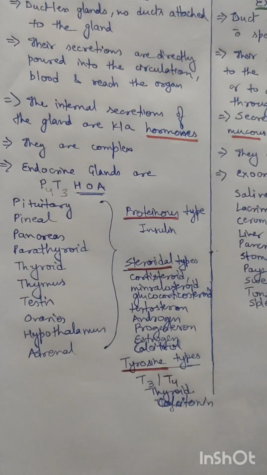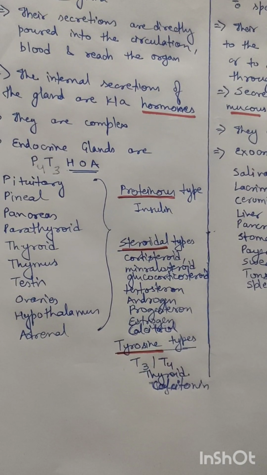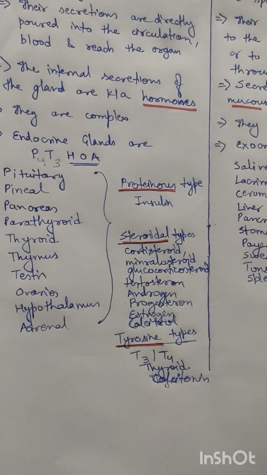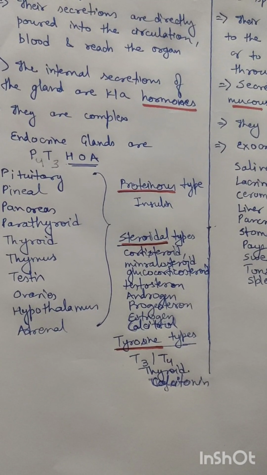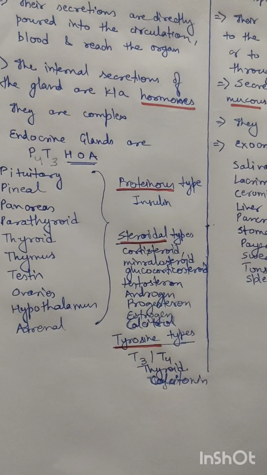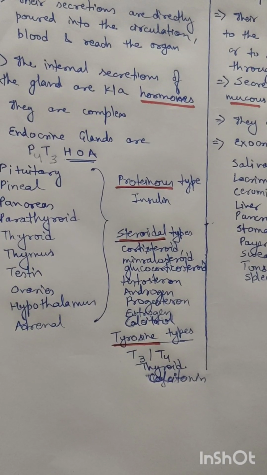First of all, let's know what the various types of endocrine glands are. The endocrine glands are the pituitary gland, pineal gland, pancreas, parathyroid gland, thyroid gland, thymus gland, testis, ovaries, hypothalamus and adrenal gland.